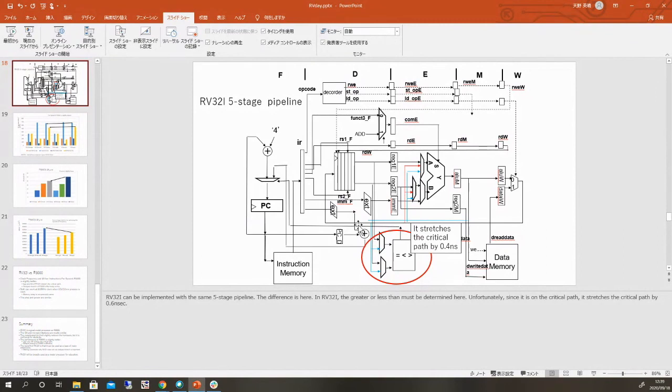Well, it's a possible extension, but I feel that it's too high level for beginners. I suppose that this kind of RV32I is used for beginners. And of course, RISC-V provides a lot of extensions, so they can be used for an advanced course of computer architecture. Thank you.